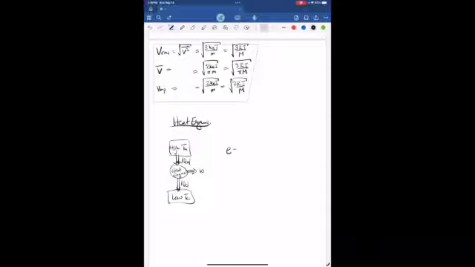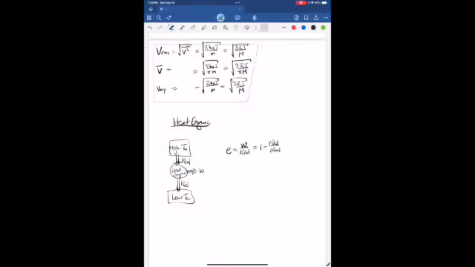We define the efficiency of this engine as what we get out, which is the work, over what we put in, which is the heat that we draw from the high temperature reservoir. And we found through conservation of energy that this is equal to 1 minus QC over QH. Then we said, well, we would like the efficiency as high as possible. We'd like to get it to 100%.